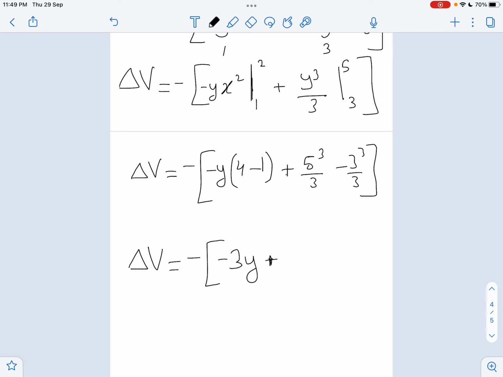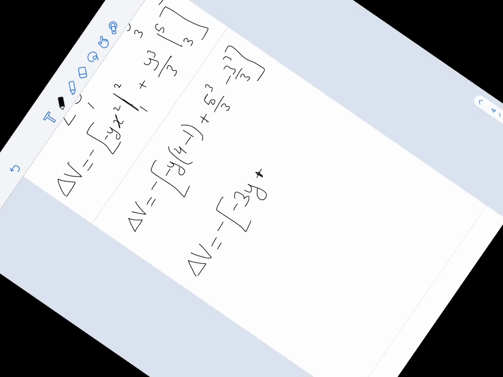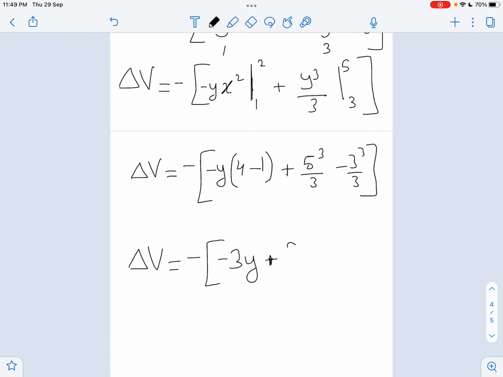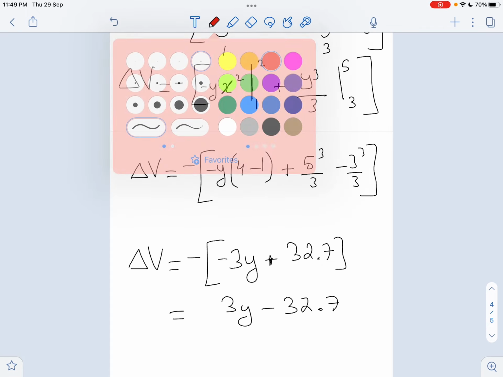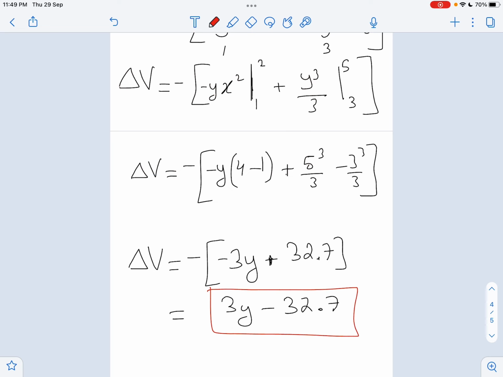So 125 minus 27 divided by 3, you will get around 32.7. So that will be delta V equals minus 3y plus 32.7. So you can see that delta V depends on y in that case.